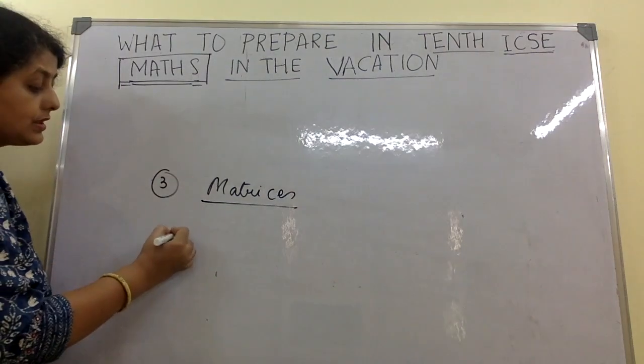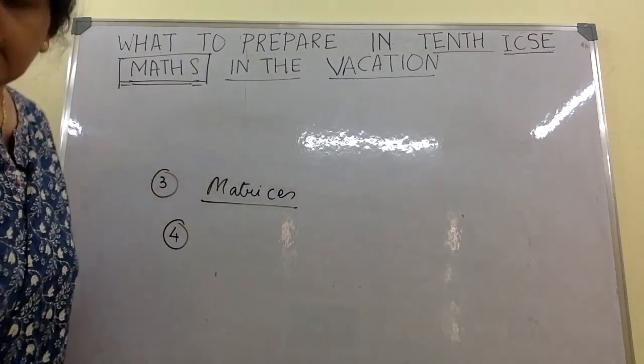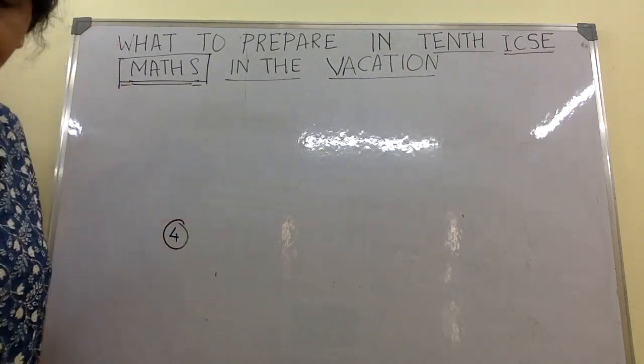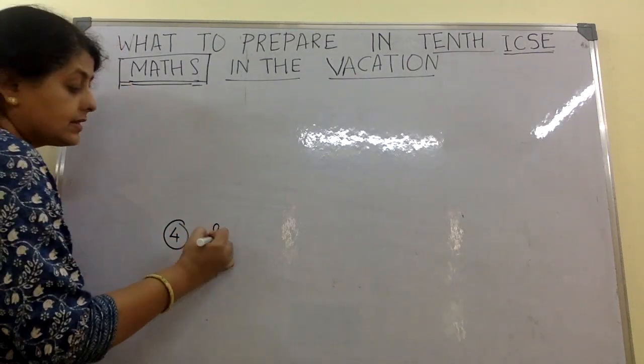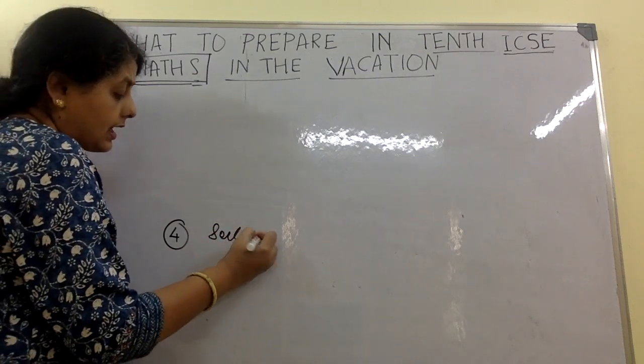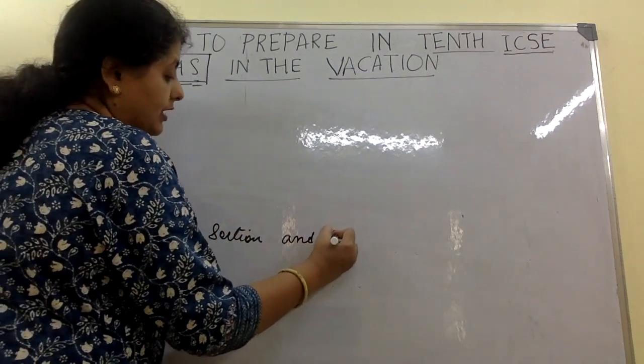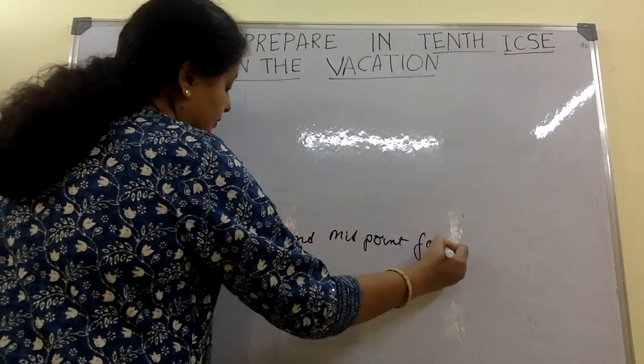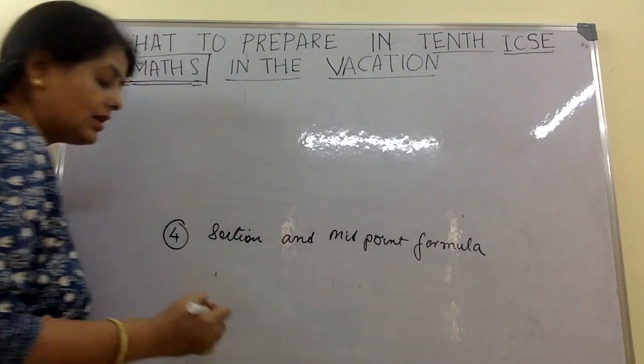That was the third. What is the fourth chapter? The fourth chapter is section and midpoint formula.